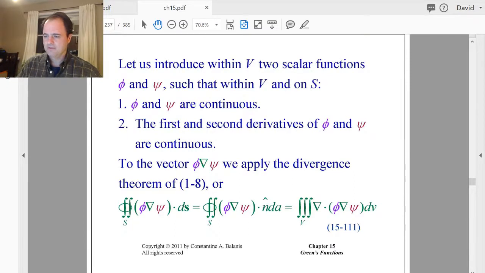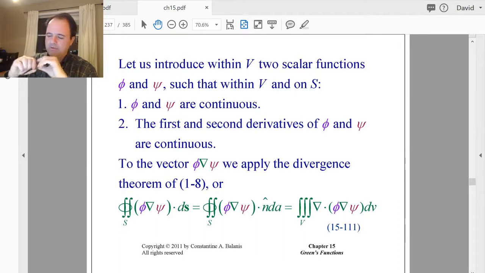All right. So let us introduce within V two scalar functions, phi and psi, such that within V and on S, phi and psi are continuous, and the first and second derivatives of phi and psi are continuous.